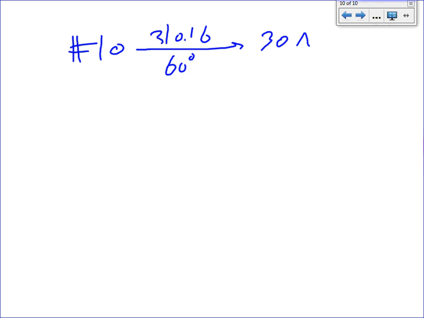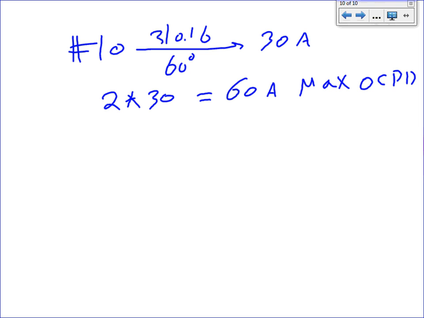Now, if you multiply 2 by 30 amps, what do you get? 60 amps. That's the max overcurrent protection device for the conductor. Have we exceeded this on this particular conductor? Yes, we put 80.